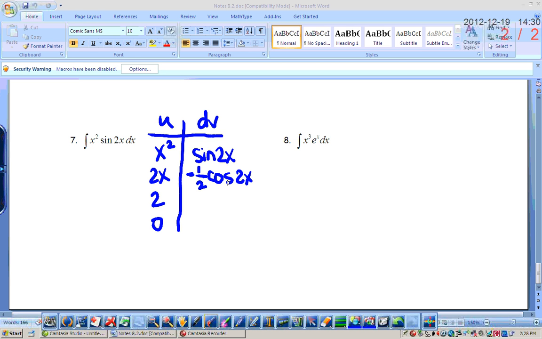So now when we integrate negative 1/2 cosine 2x, I'm going to get negative sine, but I need to multiply by 1/2 again, so I have negative 1/4 sine 2x. And then integrating one more time gives me 1/8 cosine 2x. All right, so then I have to remember to do my plus minus in my u column.